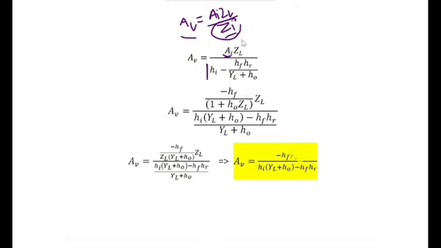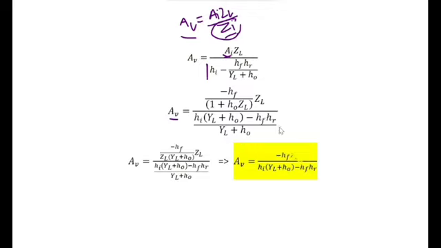So if we again simplify this equation by taking AI minus HF by, here AV will be, AV is equal to minus HF by 1 plus HO ZL into ZL by HI into YL plus HO minus HF into HR by YL plus HO.